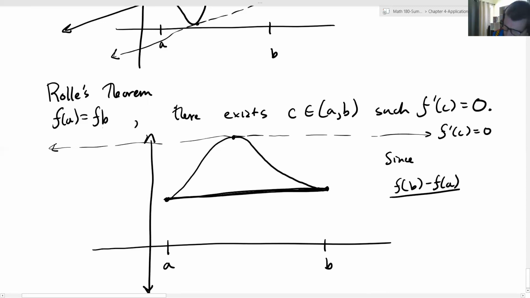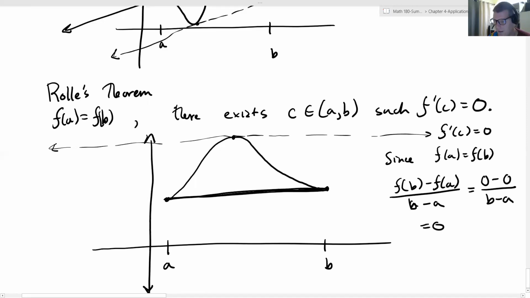Since f of A equals f of B, f of B minus f of A over B minus A is going to equal 0 minus 0 over B minus A. So it's going to end up equaling 0. It's the same idea as the mean value theorem, just in this case the slope between A and B is 0.